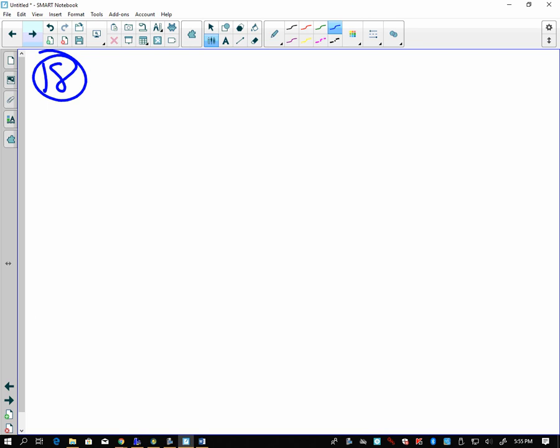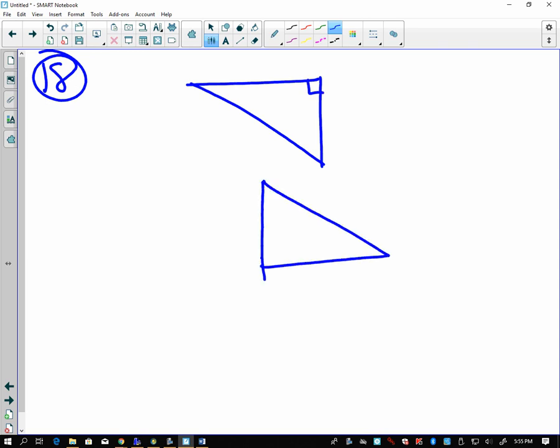18. You've got two triangles. One of them is positioned like this, the other one positioned like this. They look pretty similar.